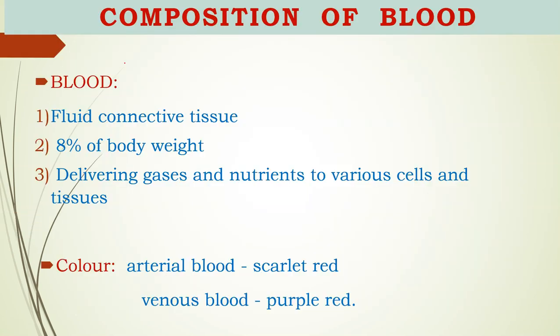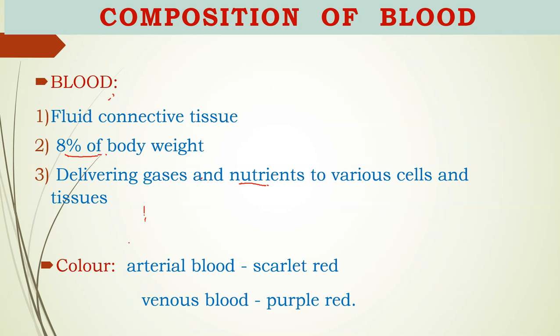Let's move ahead. You know that blood is a fluid connective tissue and it accounts for a total of 8% of our body weight, and it is used in delivering nutrients and gases to various cells and tissues.